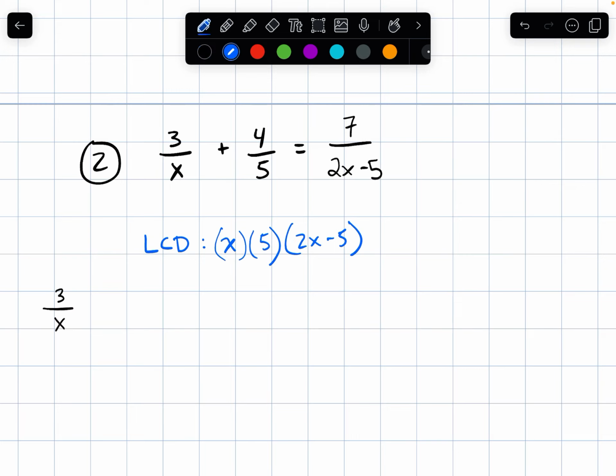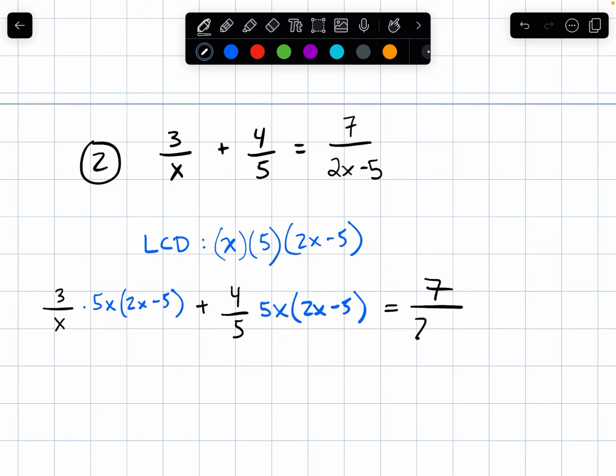I'm going to take this 3 over x, and I'm going to multiply it by the LCD. I'm going to write this as times 5x times a 2x minus 5. Then plus 4 fifths, and again I'm going to multiply that by 5x times 2x minus 5.